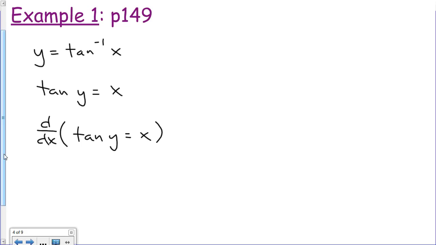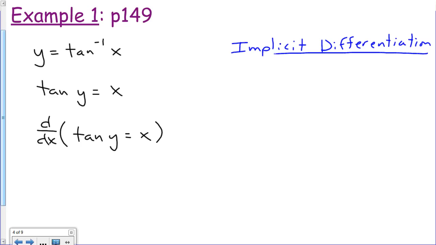Now to do this, realize that it's no longer solved for y, it's solved for x actually. So we have what's called an implicit relationship here. So this is going to involve what's referred to as implicit differentiation. Now we've seen this earlier, back in chapter 3. They introduced you to this, and we're going to see this more at the end of this chapter.